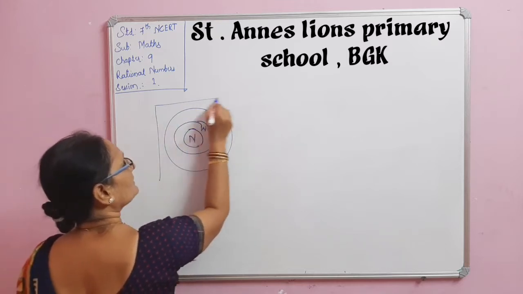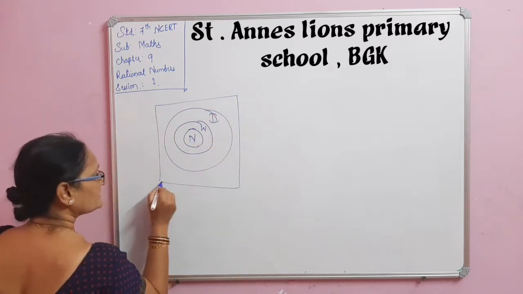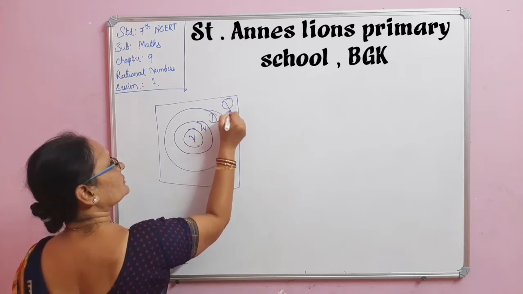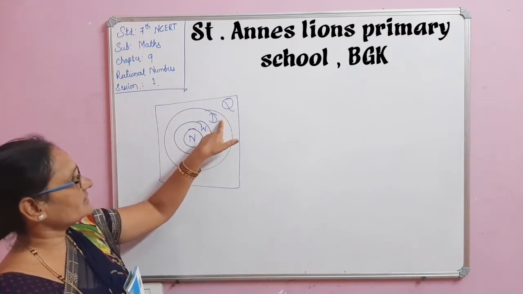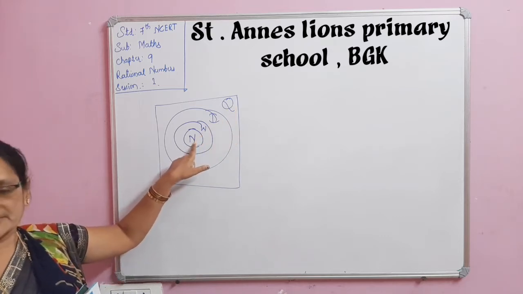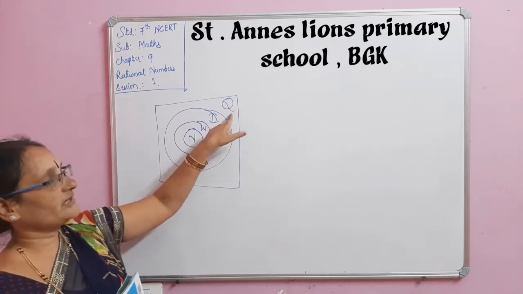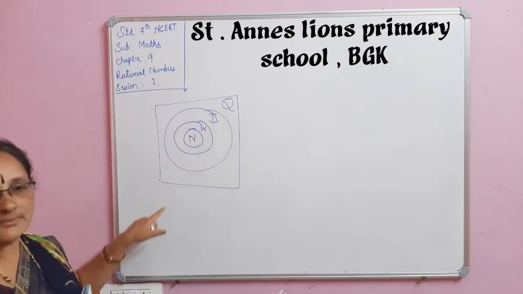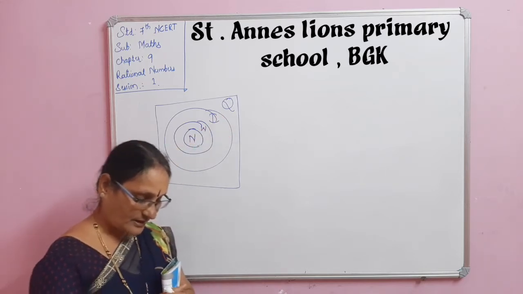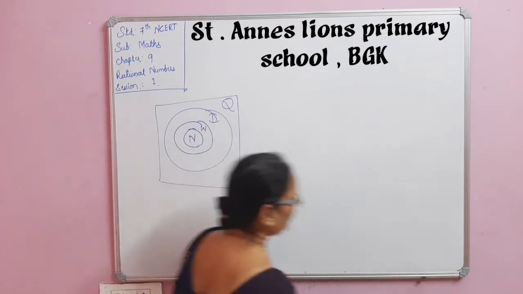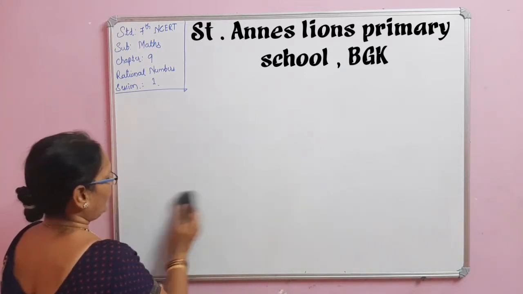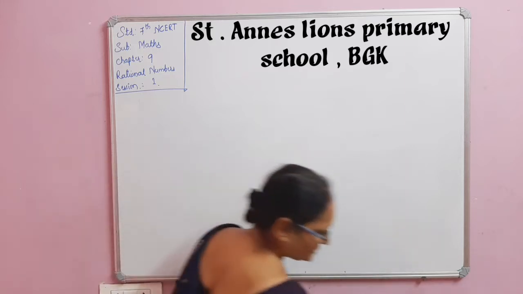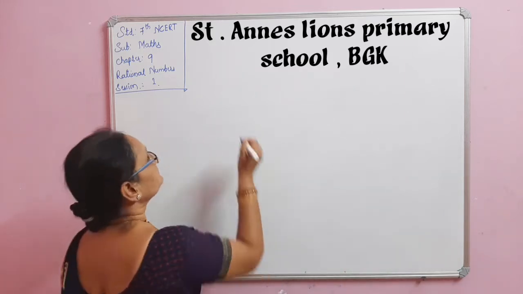This is called Q, that is the rational number set. Q includes integers, whole numbers, natural numbers. Q is a very big set of all these numbers. This is what a rational number is. Now we will see the definition of a rational number. See, what is a rational number then? Already I told you, a rational number is a number.